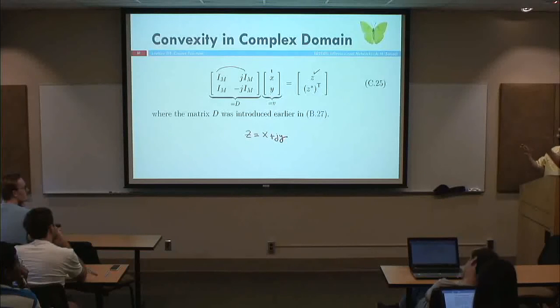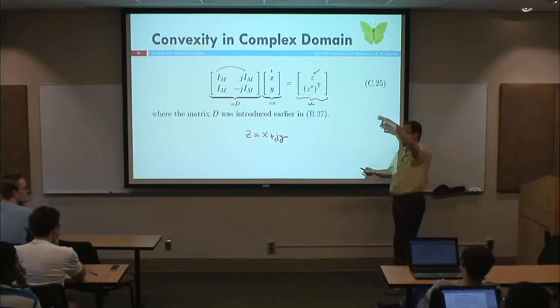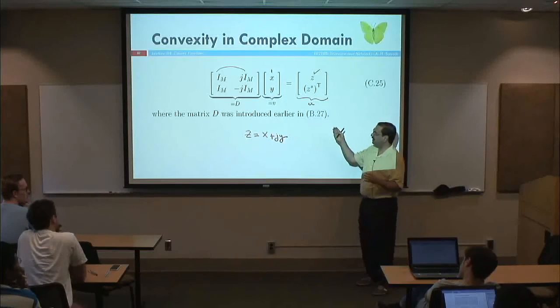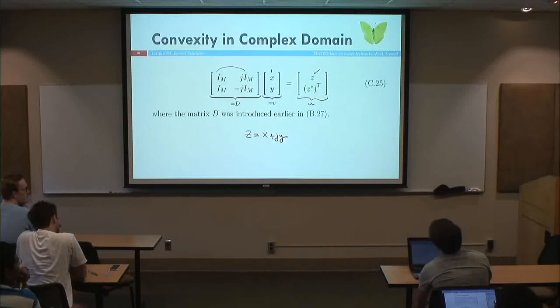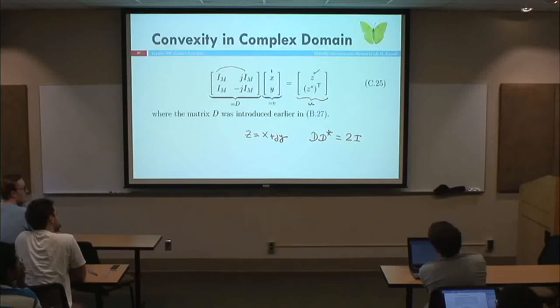This is just a convenient way. If you remember, I called this vector U, the vector that collects Z and Z star on top of each other. And the vector that collects x and y on top is V. All this is saying is that the transformation is invertible, right? Because if you remember, D star D was 2 times I, right?